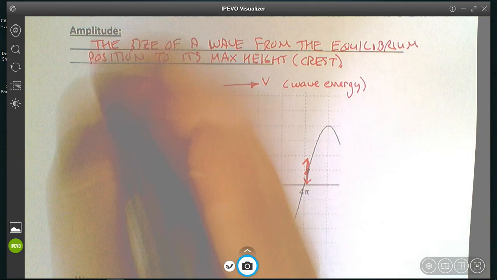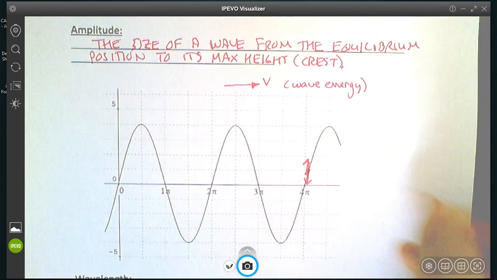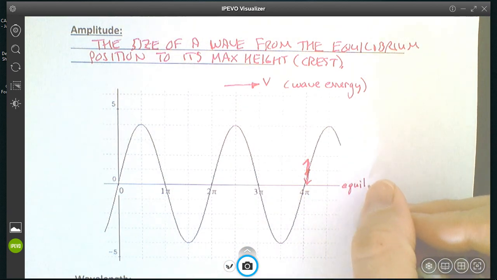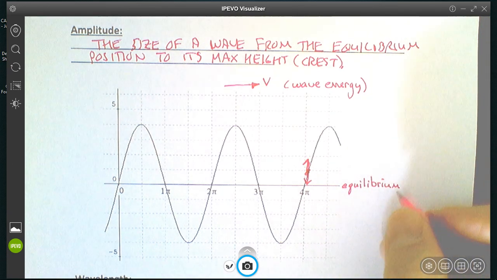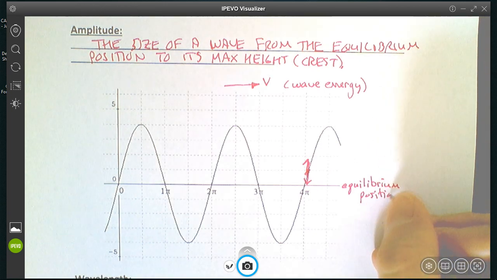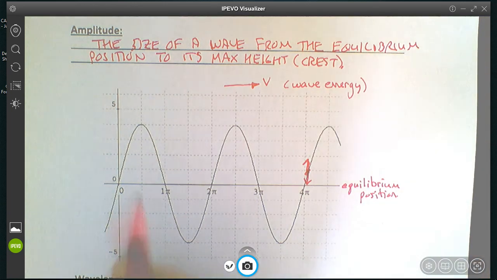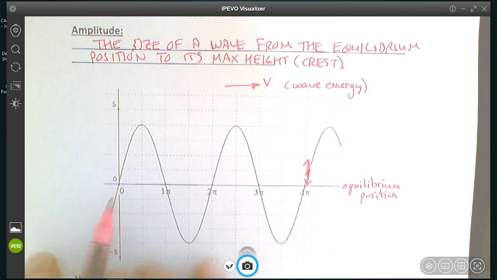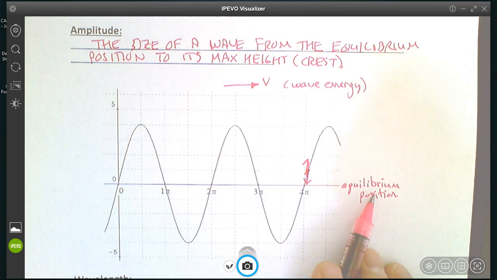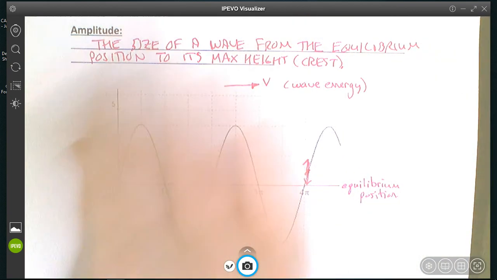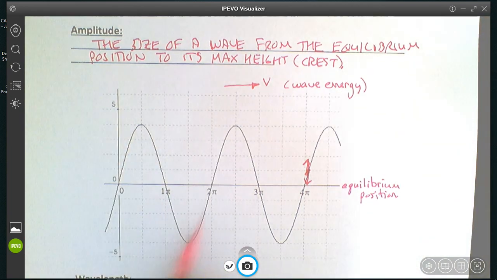Now the amplitude on here, as I said before, this baseline here is called the equilibrium position. Now, if this was a string or water, just imagine a calm day and it's completely flat. That's the equilibrium position. And then if a disturbance comes, like a vibration, then boom, you get a wave.